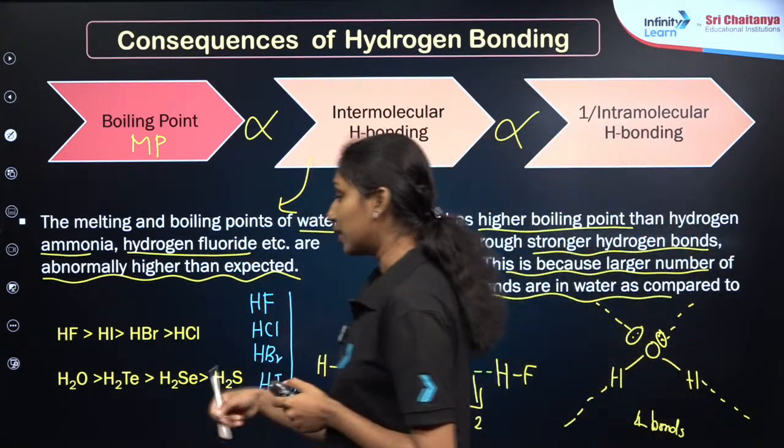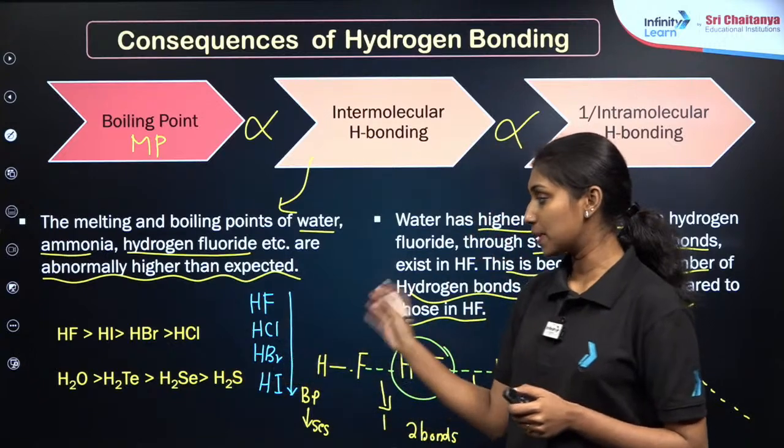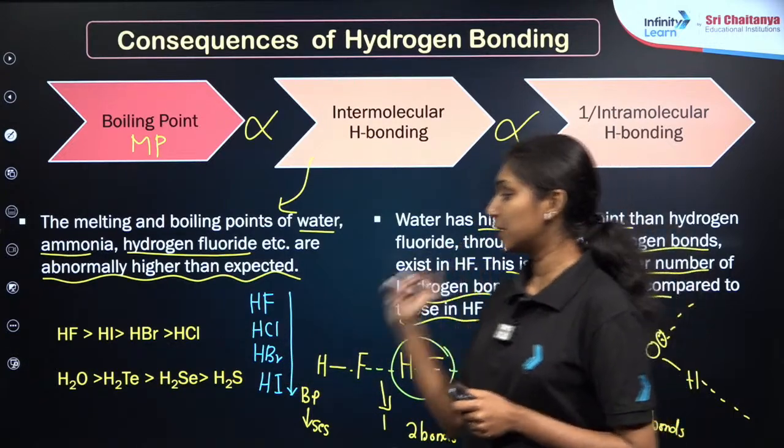Now, what about the second one? Here it is the oxygen group members, oxygen, sulfur, selenium and tellurium.